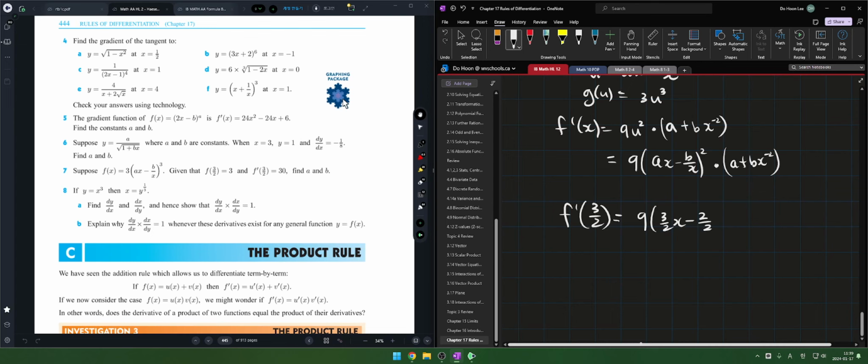This is 2 over 3 squared times, plus, sorry, my bad, a plus b times (3/2) to the power of -2. Negative 2 makes it the denominator, so it's kind of a reciprocal. It'll be 2 over 3 squared.